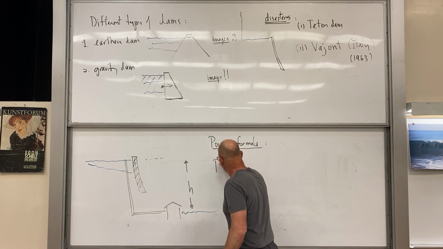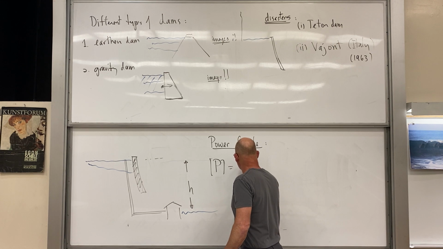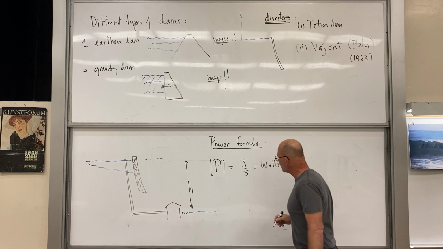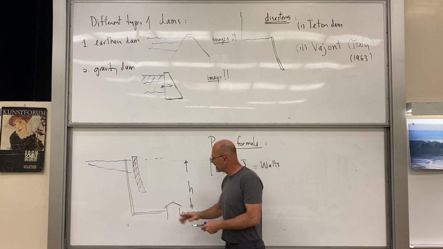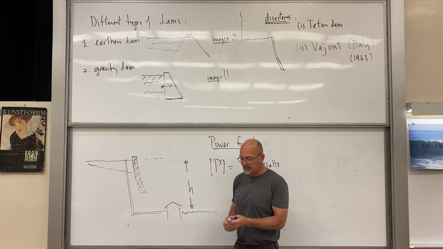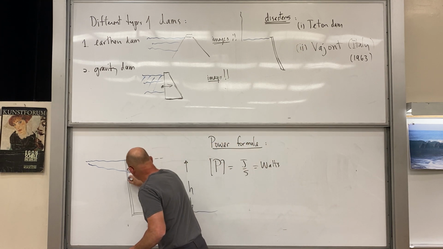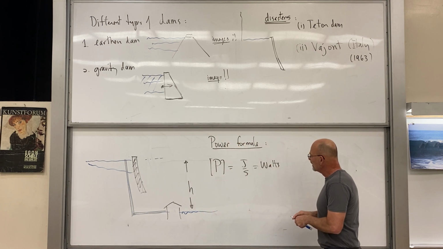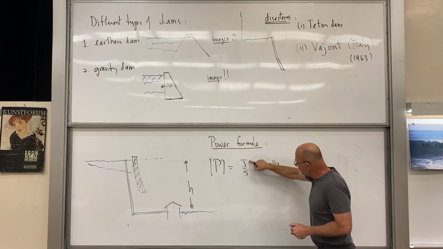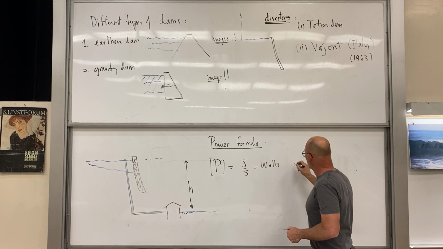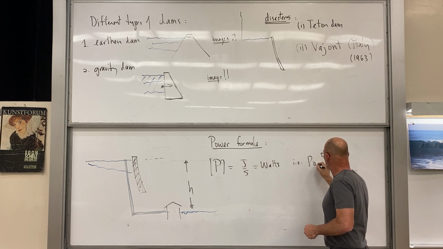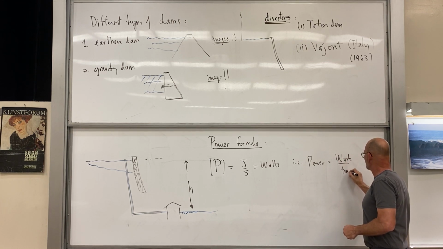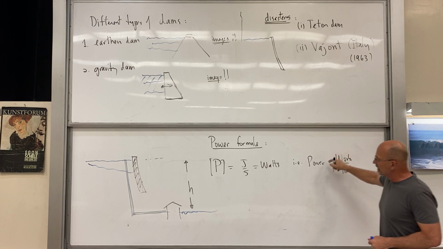So units, joules per second equals watts. Okay. We want to know how many watts of power we can get out of this powerhouse here due to this water running down. So what we do is we take, right, it's energy per time. So i.e. power equals work per time. So we already know the numerator.